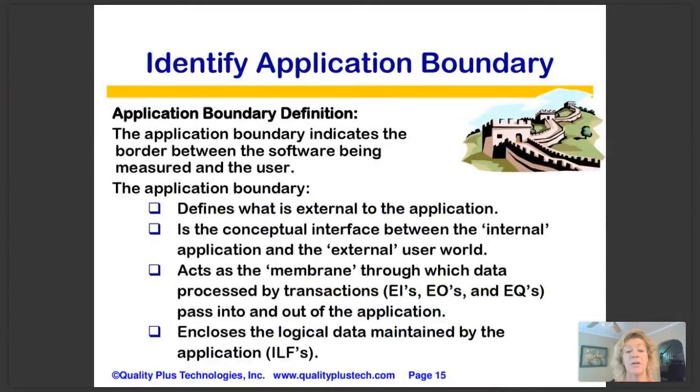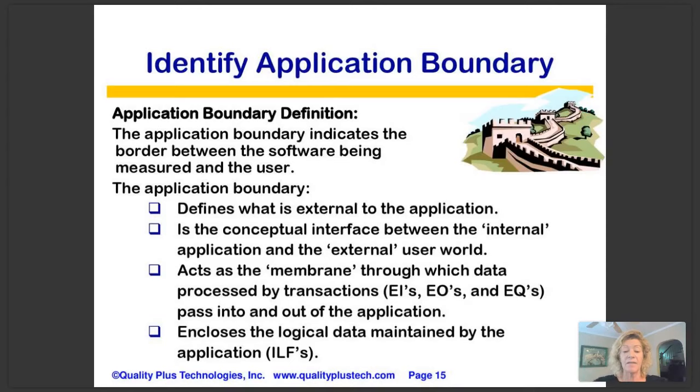Identifying the application boundary, we take a look at what is external to my application. Remember, the words application and software are used interchangeably. It's a conceptual interface between the internal application and what sits outside, my external user world. It acts as a membrane. In other words, it's kind of a border.